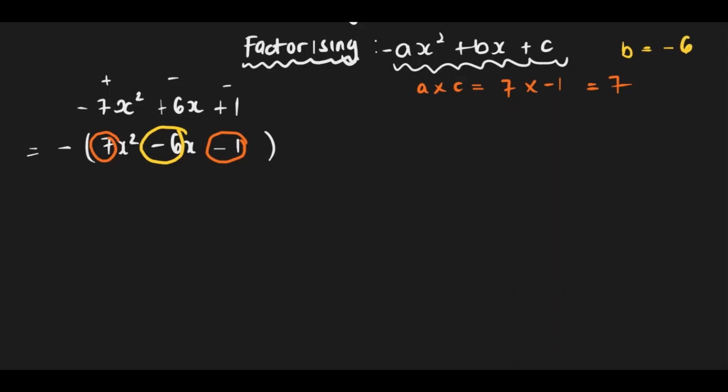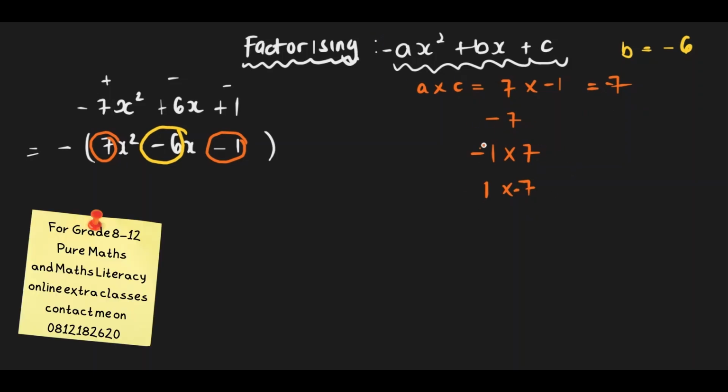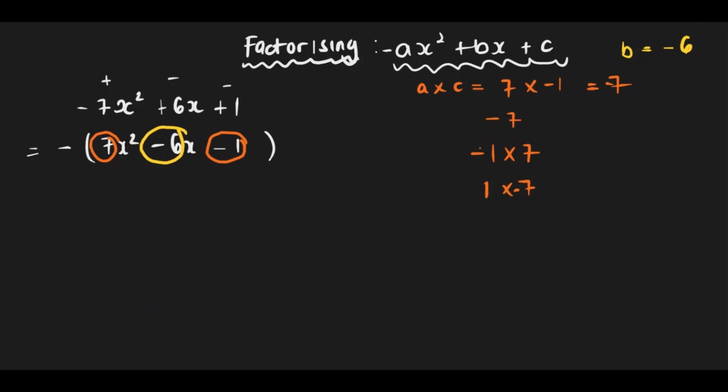So let's find the factors of -7. The factors of -7 are -1 multiplied by +7, then +1 multiplied by -7, right? And these are the only factors. Now we've satisfied the first condition, but let's satisfy the next condition: when we add them, we need to get -6.